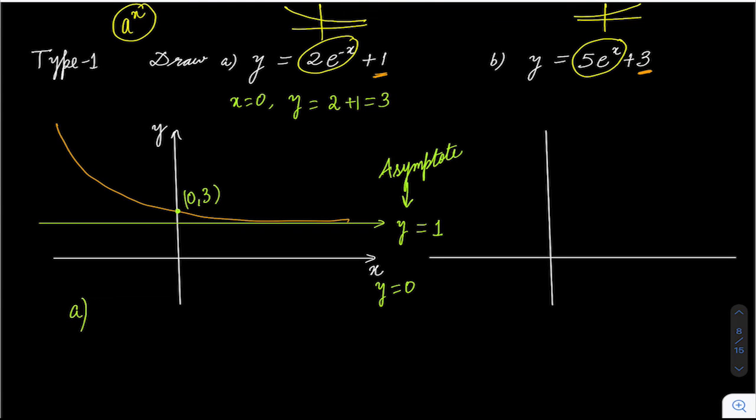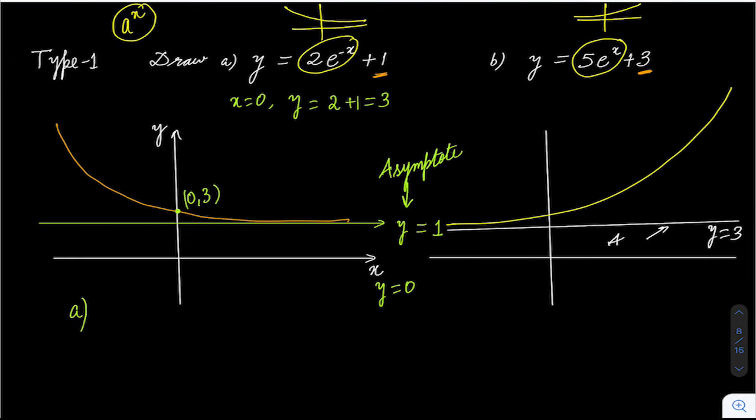Okay, now let's quickly draw the graph of B part. So we know the shape will be same, it's only shifted upwards by 3 units. So my graph will be something like this. And this is y equals 3.